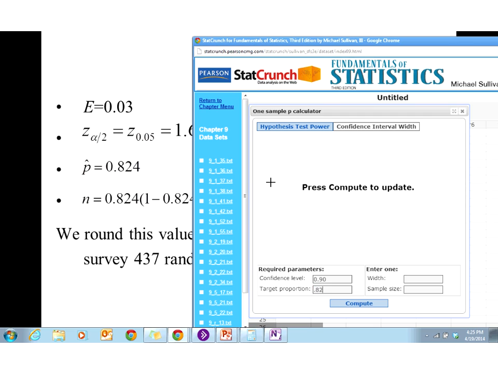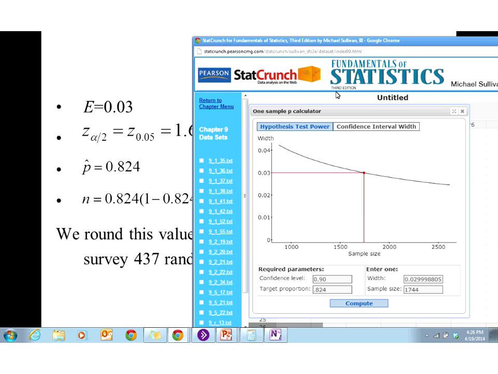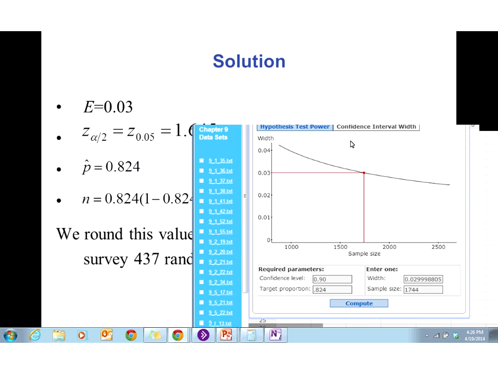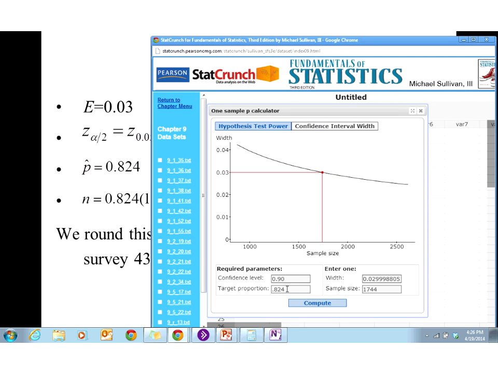Our target proportion was 0.824 because that was given in the problem. Our error is 0.03, and then we compute. Oh, they got 437.